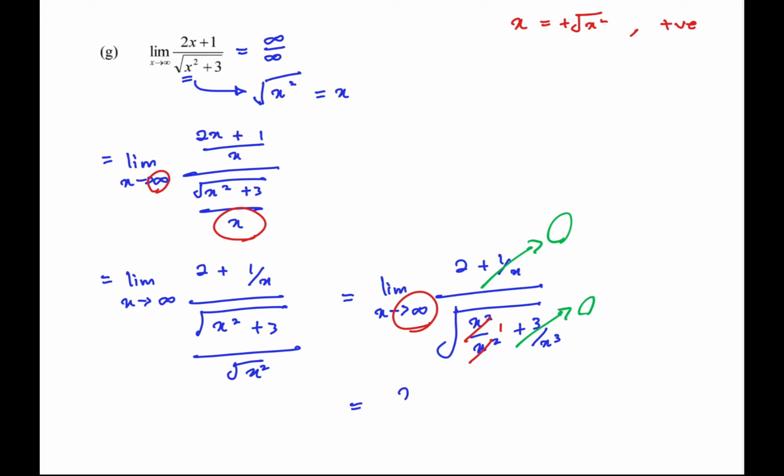So your answer is 2 over 1, which is equal to 2. So that is the answer for question G. Okay, so that's all. Thank you.